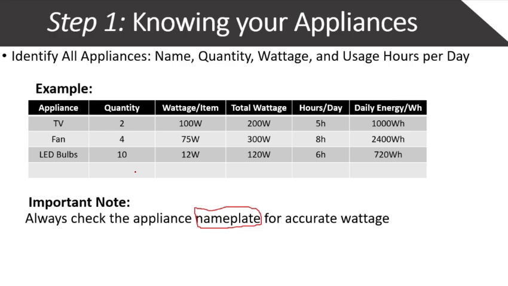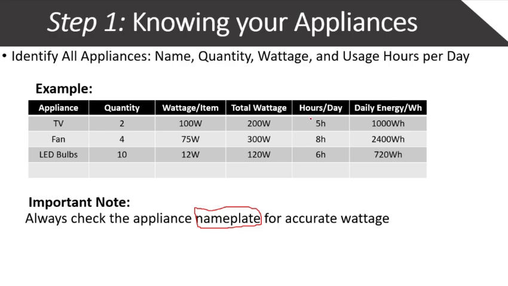Do not use Mr. A's appliance for Mr. B, because Mr. A is using maybe a Hisense 65-inch television, and Mr. B is using a 65-inch LG television, and you assume their power consumption is the same. Each brand may have different power consumption, so always look at your appliance nameplate.